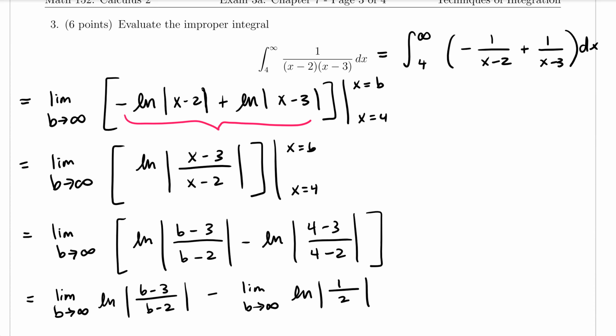So we have that. Now, if you don't remember this from Calculus 1, if you're taking the limit of a continuous function, which the natural log is a continuous function, what we can do is we have the ability in that first limit to bring the limit on the inside of the natural log.